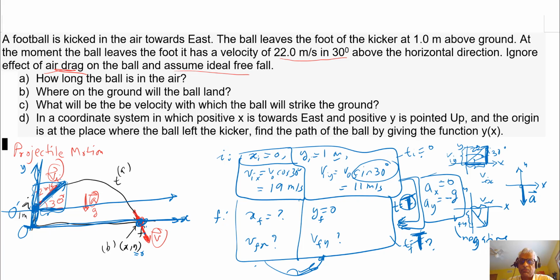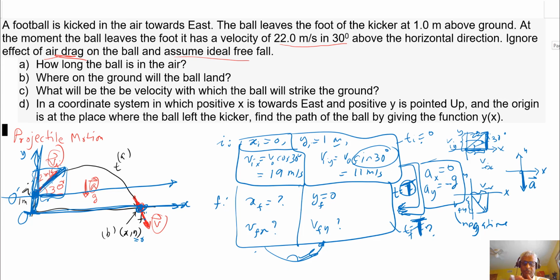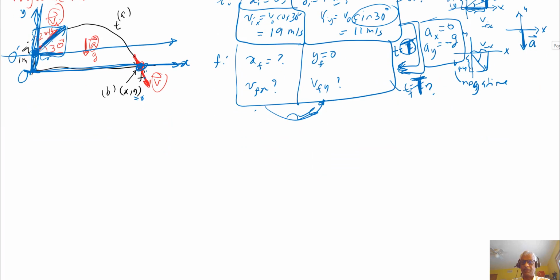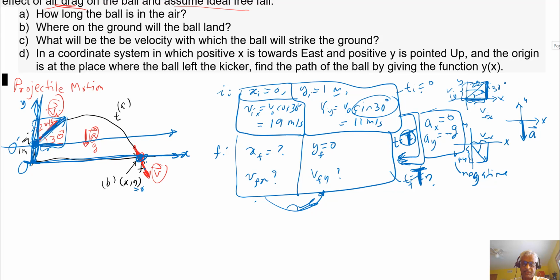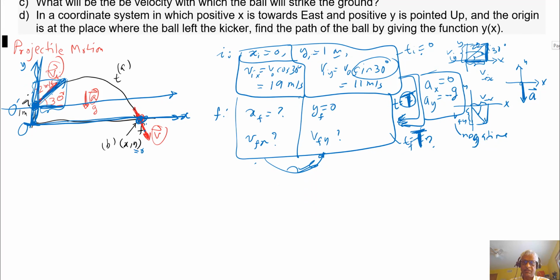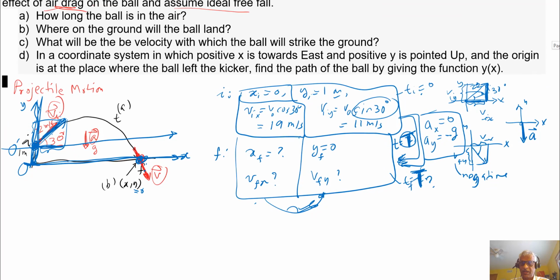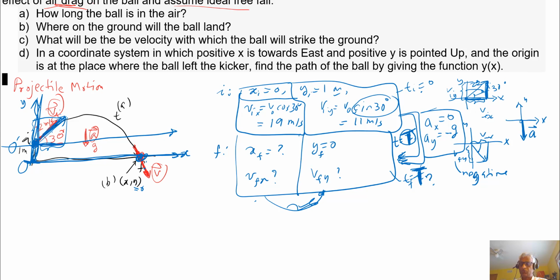I hope you understand why I'm doing Y first rather than X, because that's important. Actually, many times students are stuck at this point. They can generate this information, but then what to do about the next step? You just have to count the variables like I counted here. There are 3 unknowns in the X direction, and there are 2 unknowns in the Y direction. So attack the Y first.